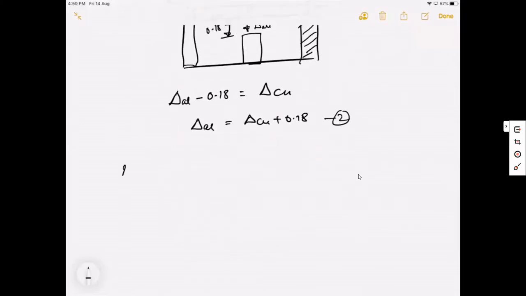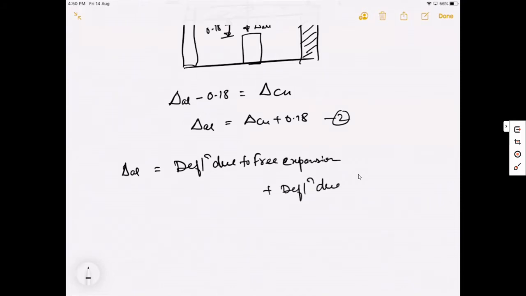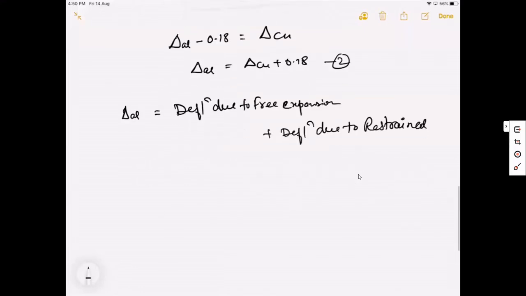Now delta AL will be the deflection due to free expansion plus the deflection due to restraint, because the rigid slab is providing us the restraint. The deflection due to free expansion is known as alpha aluminium into length of aluminium into temperature rise.